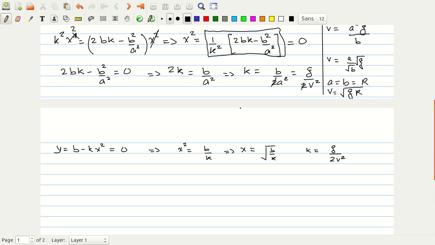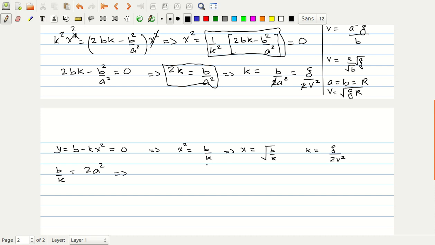So I'm actually referring to this equation over here, so I know that b by k is equal to 2a square. So what is square root b by k?